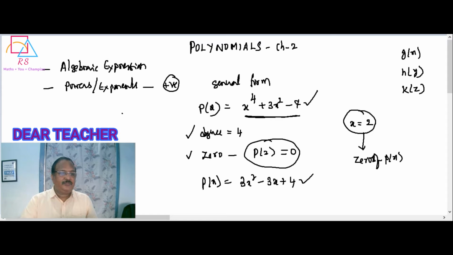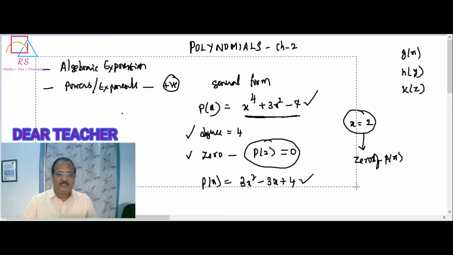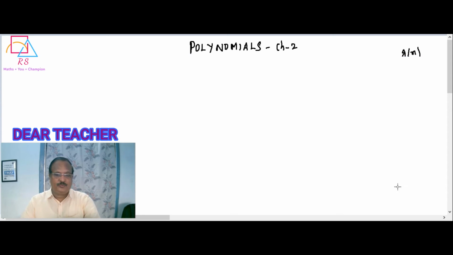So let me go to the standard form of the degree 2 polynomial. You can have a degree n polynomial, but I am writing a degree 2 polynomial.